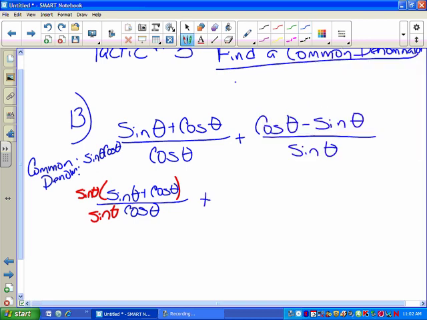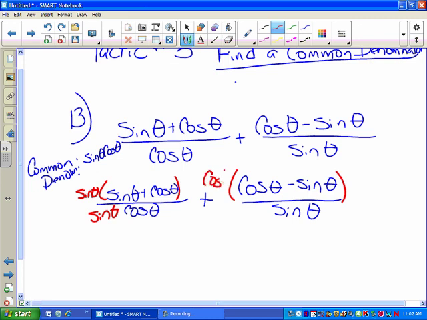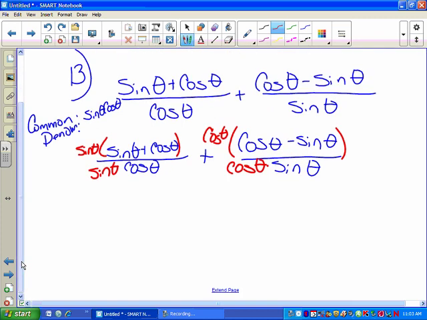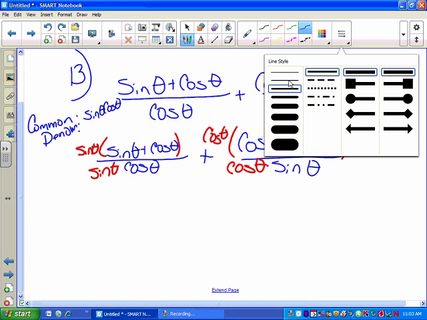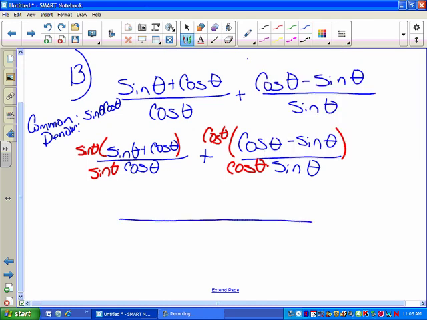So plus cosine theta minus sine theta over sine theta. To get this to have a common denominator, I'm going to need to multiply by cosine, so let's put that in the front as well. Cosine theta, cosine theta. So now we have a common denominator. They're both sine theta, cosine theta. So let's write that as our common denominator.